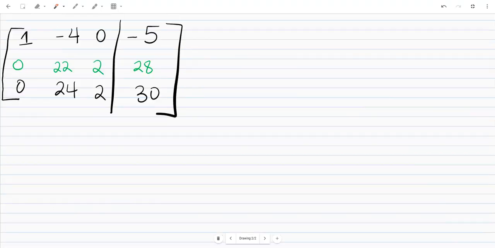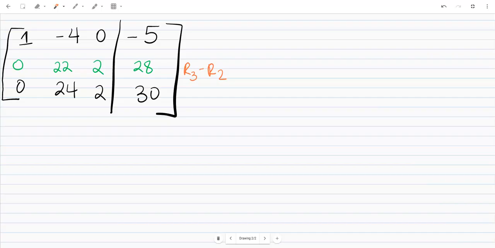I decided to multiply row 2 by 2 in order to get it very close to row 3 so that I can use row 3 to manipulate row 2. So to get my new row 2 entries, I'm going to do row 3 minus row 2.